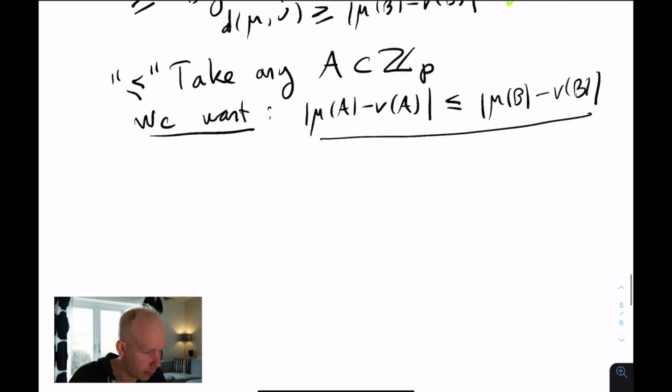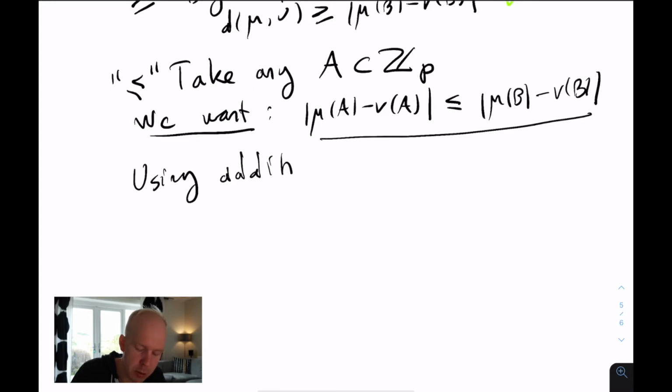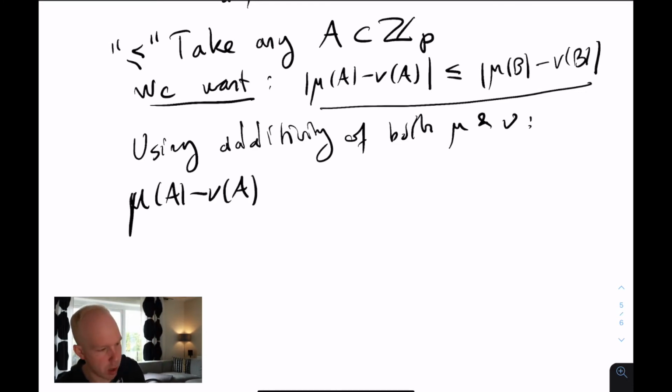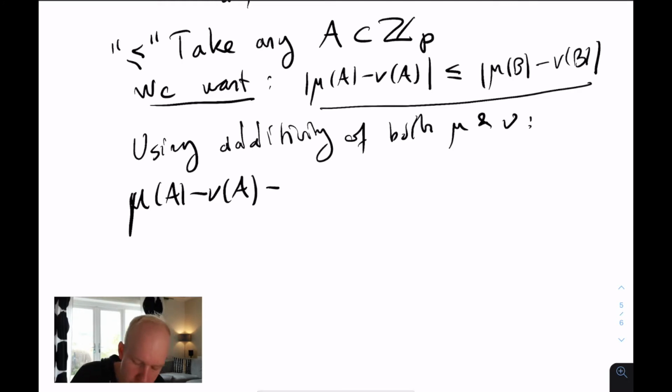So again, using the additivity of both mu and nu, we obtain the following. If you take mu(A) minus nu(A), the quantity we want to consider, we can split this into the sets over the other points.